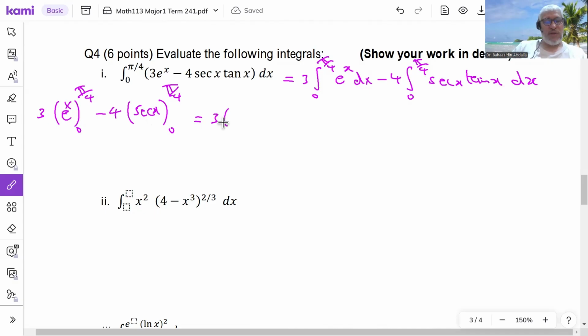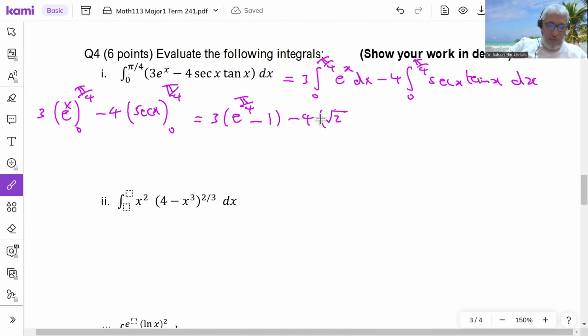So this is 3 times e to the power pi over 4 minus e to the power 0, which is 1, minus 4 times secant pi over 4, and secant pi over 4 is square root of 2.